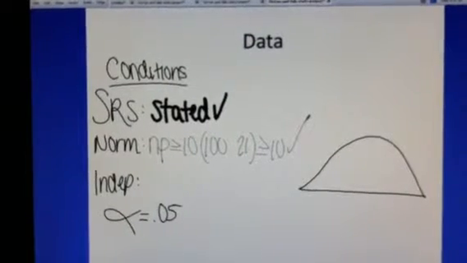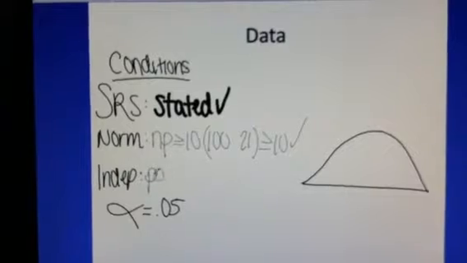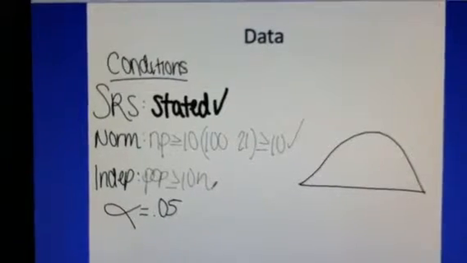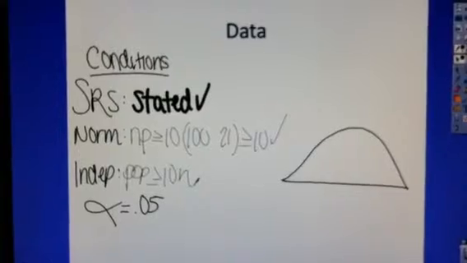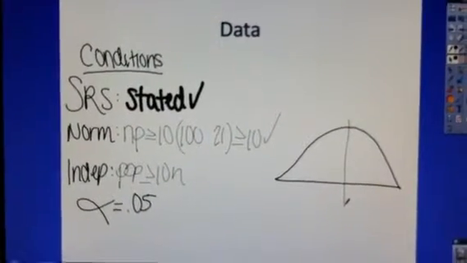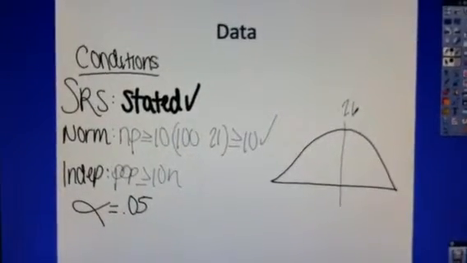Our independence was the population greater than or equal to 10n, and our alpha was 0.05. We used that because that was our room for error.